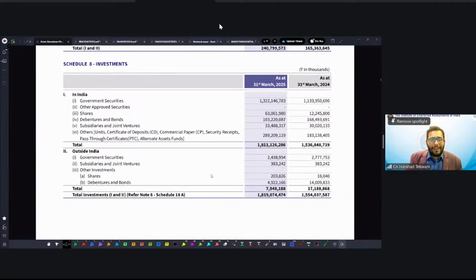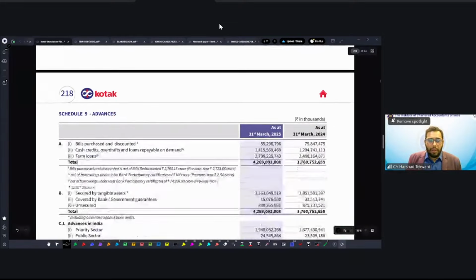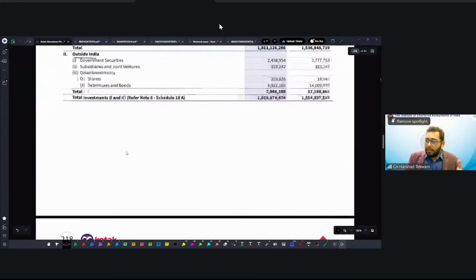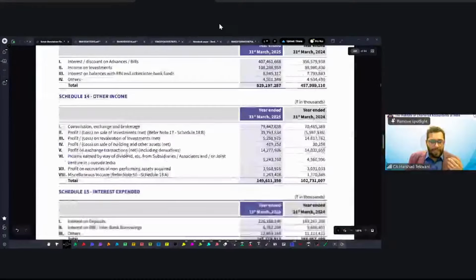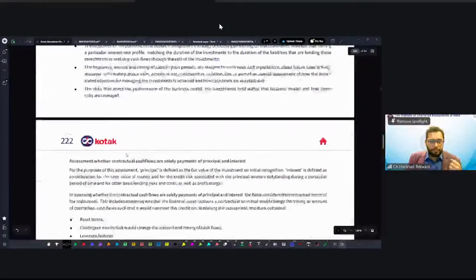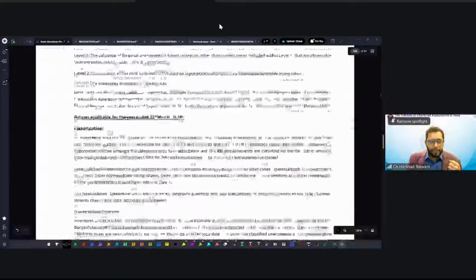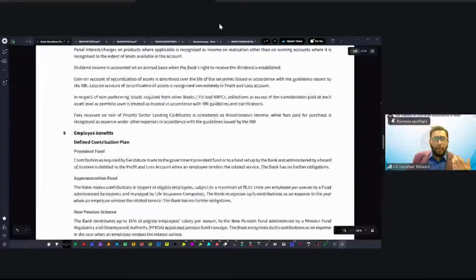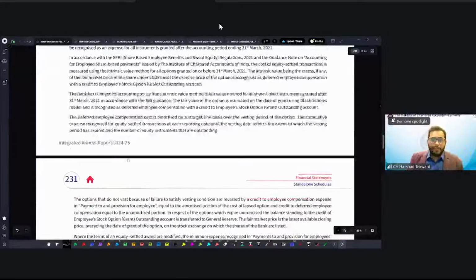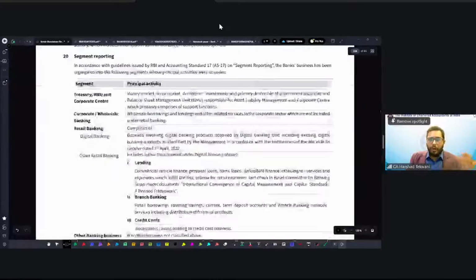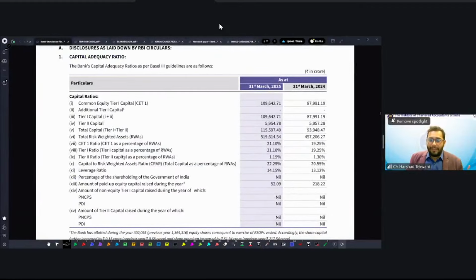This is Schedule 8, investments: government securities, other approved securities, shares, debentures, subsidiaries, others. Everything here, in India and outside India. Now, there are other reporting requirements on investments that I will show you. These reporting requirements are over and above the schedules you have as per the Banking Regulation Act for your financial statement.